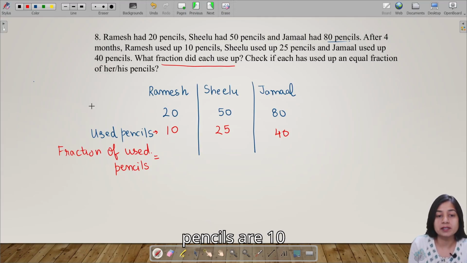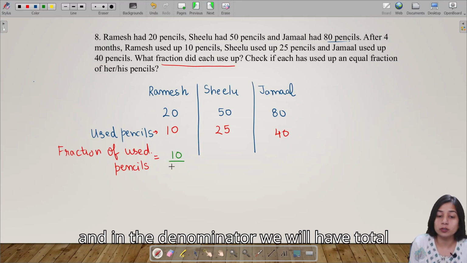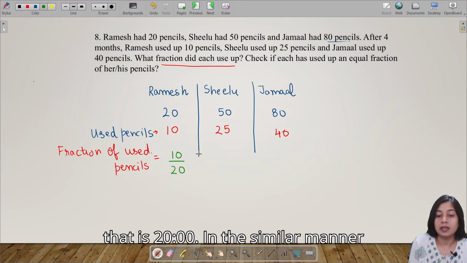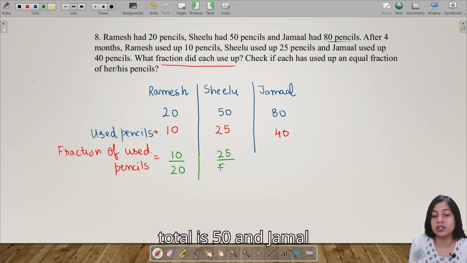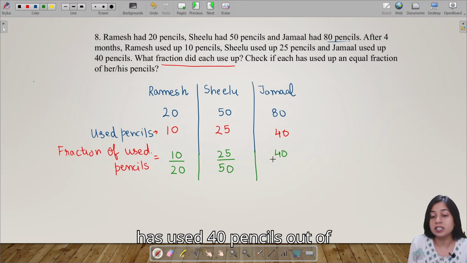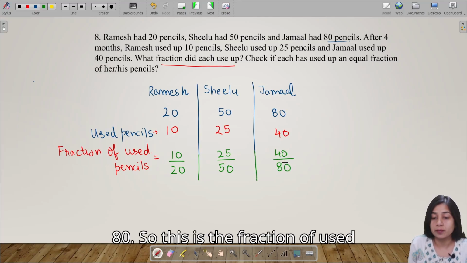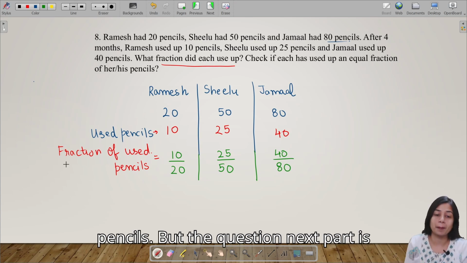So used pencils are 10. And in the denominator, we will have the total, that is 20. In the similar manner, Sheelu has used 25 pencils, total is 50. And Jamal has used 40 pencils out of 80. So this is the fraction of used pencils.